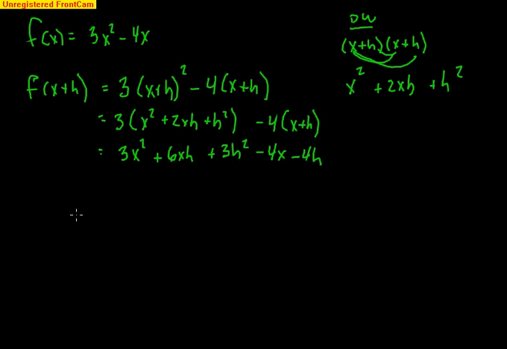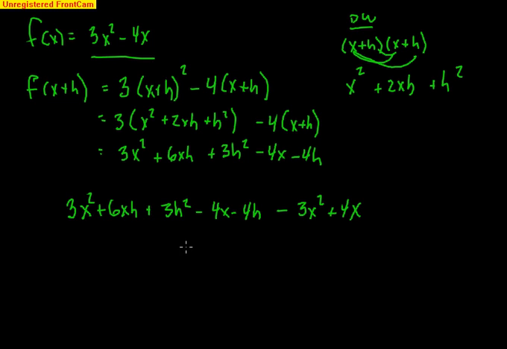Now I have to use the formula. The formula says f of x plus h, which I just found, 3x squared plus 6xh plus 3h squared minus 4x minus 4h. And now, like the formula said, subtract the original function. So that's going to be minus 3x squared plus 4x.